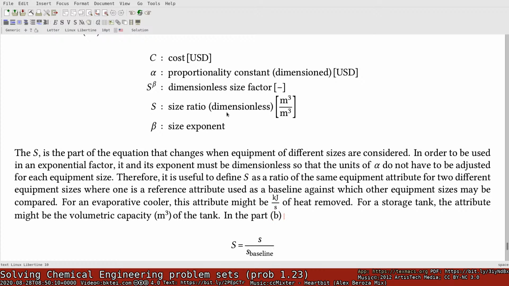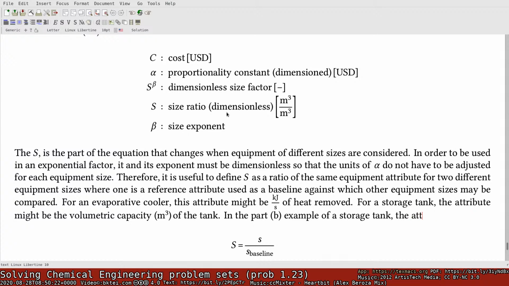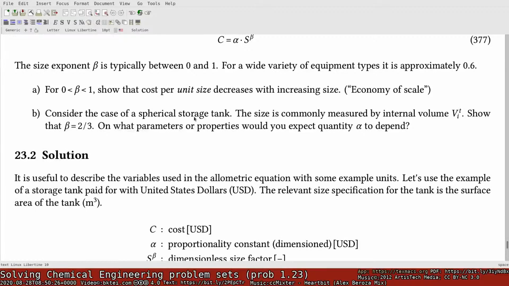In the part B example of a storage tank, the attribute relevant to cost is, do they give it to us?